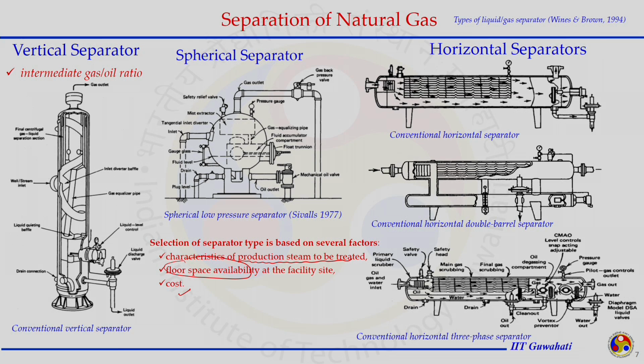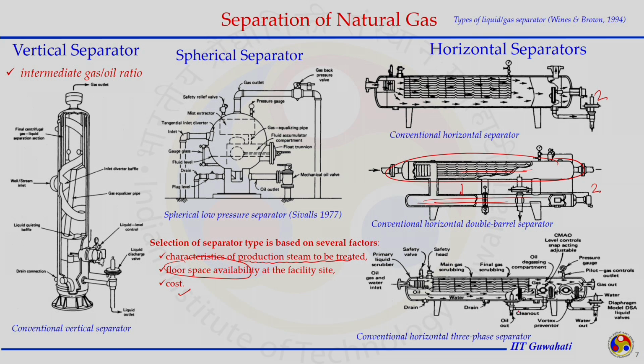As shown, the horizontal separator is for two-phase, considering a double tube. Double tube means the separation happens in the upper region, the liquid just gets down, and we have some surge volume in a separate tube. That is where the possibility of re-entrainment of gas and liquid is completely ruled out.